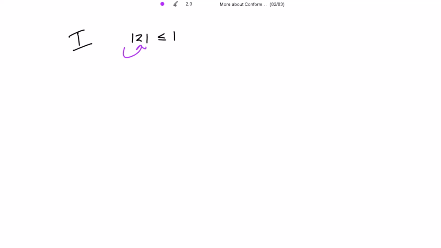Before putting the value, we know that mod z square is z into z bar, the conjugate of z, right? So let's first square both the sides, and then write this as z times z bar less than or equal to 1. And now let's put the value of z over here.